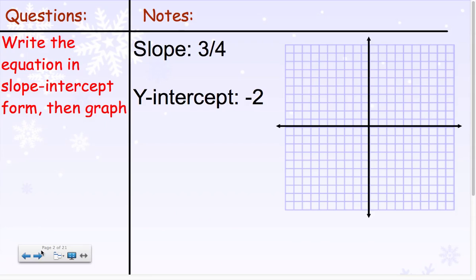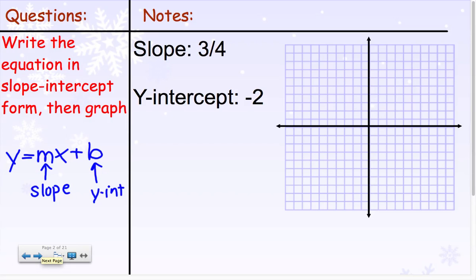Write the equation in slope-intercept form, then graph. Well, let's remind ourselves first of all what our slope-intercept form looks like. Y equals mx plus b. We said m was our slope. B is our y-intercept. So now let's write that equation on the right-hand side, but replace the values into the equation.